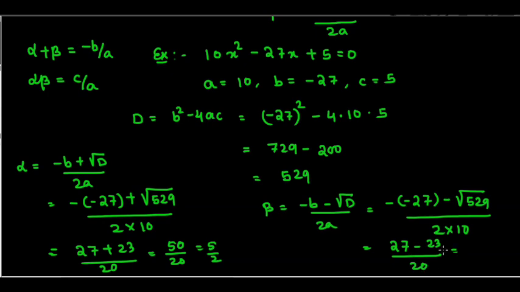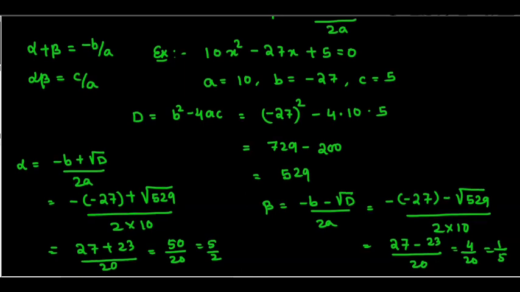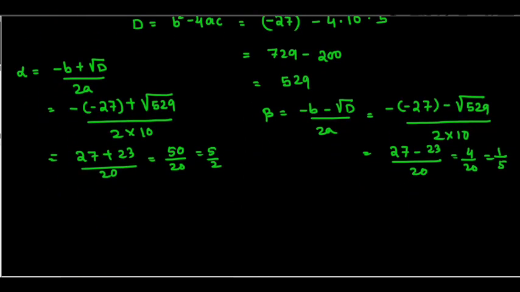So 27 minus 23 will be 4. 4 by 20 is equal to 1 by 5. So we got that the two roots of this equation 10x square minus 27x plus 5 is equal to 0 are 5 by 2 and 1 by 5. So alpha is equal to 5 by 2 and beta is equal to 1 by 5.